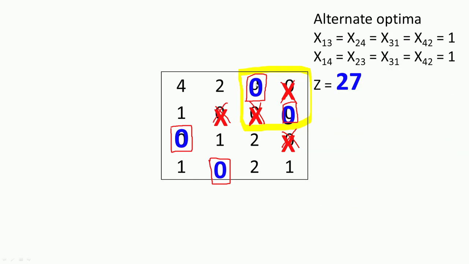One possibility is x13 and x24 are in the solution, the other is x14 and x23 are in the solution. There are alternate optima and both of them will give a value of 27.